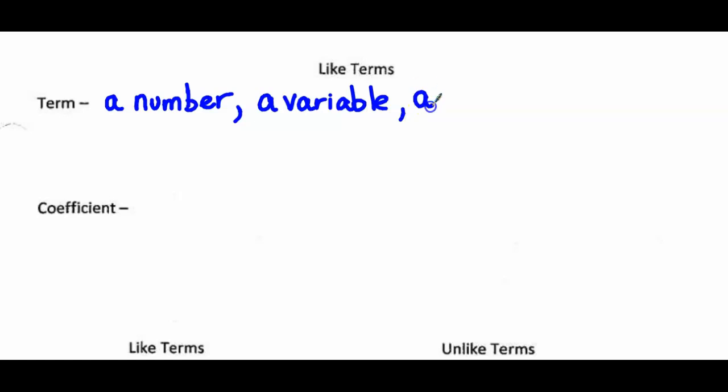A term can be a number. A term can be a variable. Or a term can be a number with a variable. But we're not done yet.